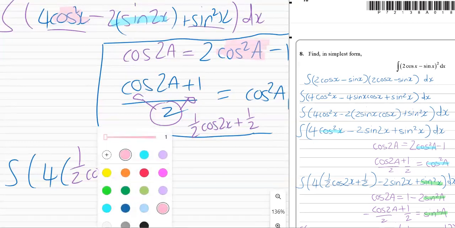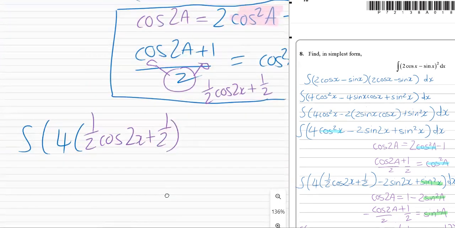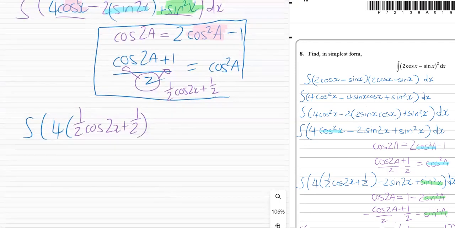So if I track that through with color, we've got to find some sort of double angle identity. Before I do that, let me just bring down the amounts here. We're getting a little bit messy. Minus 2 sine 2x, plus sine squared x dx. Good.